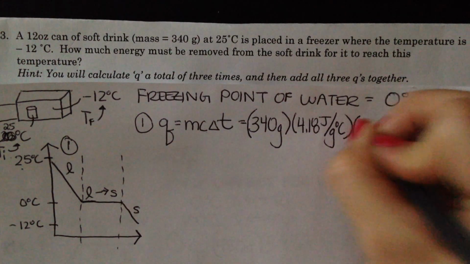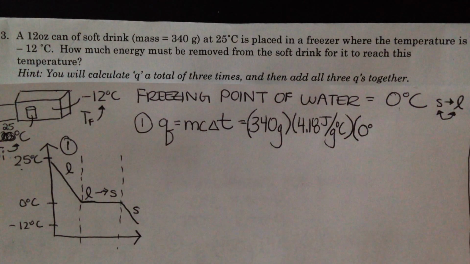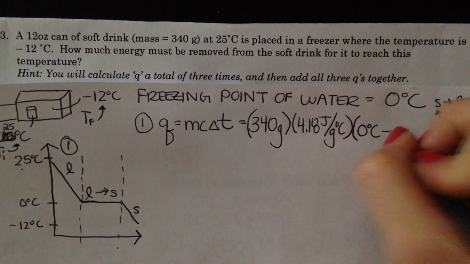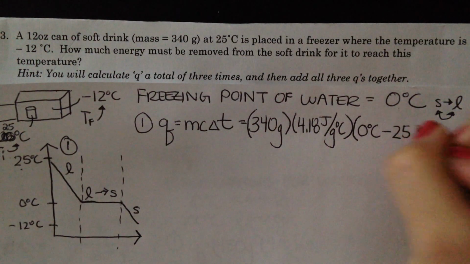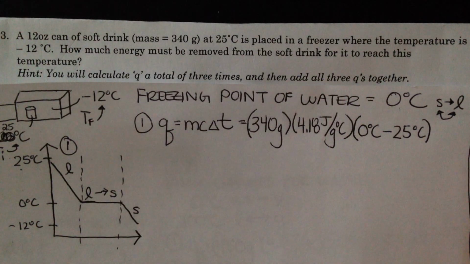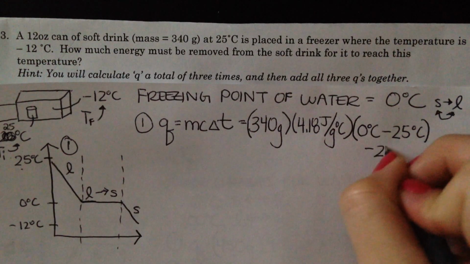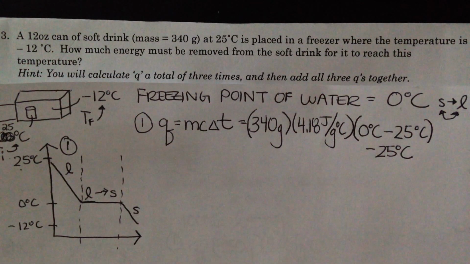So my final temperature is going to be 0, because that's when it's going to start to freeze, and my starting temperature was 25 degrees. So my change in temperature is going to be negative 25 degrees Celsius.